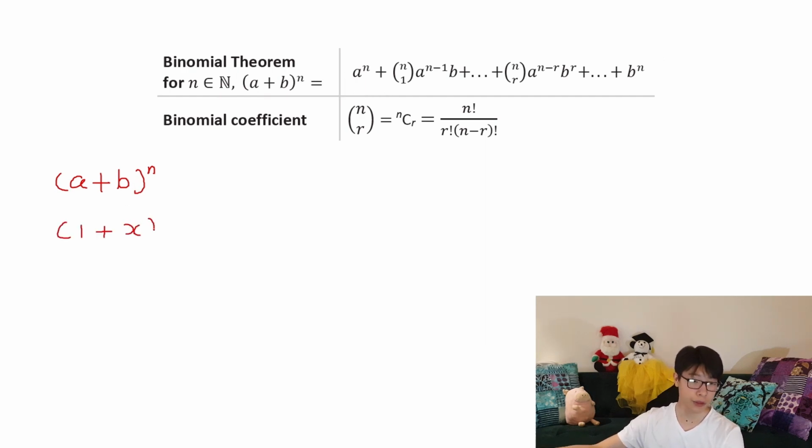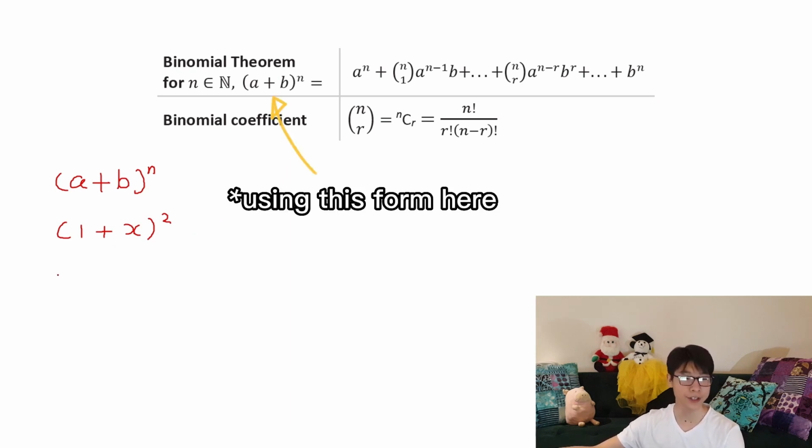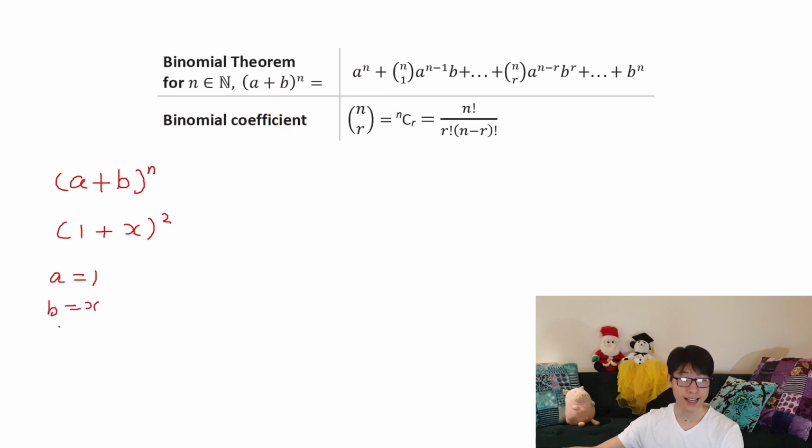Now, let's just start with the quadratic that we had in our last slide and see if it actually works. And in this case, let's identify our a term. Our a term will be 1, our b term will be x, and our n will be 2. Okay, so these are our variables, and let's use this equation.